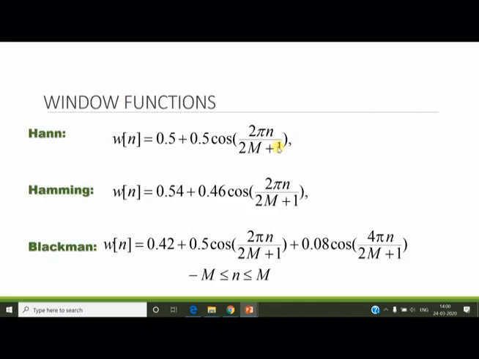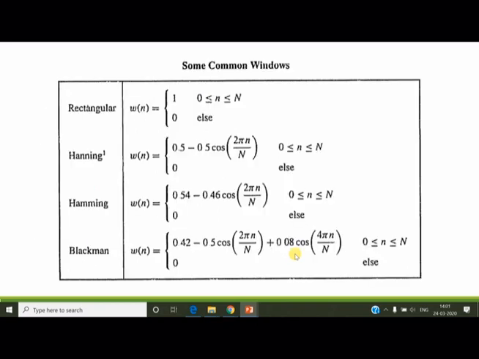These are the mathematical expressions for the Hanning window, Hamming window, and the Blackman window. The rectangular window we have already seen. These are also called raised cosine windows because all of them contain cosine terms. More cosine terms indicate a more gentle truncation of hd(n) by that respective window function.